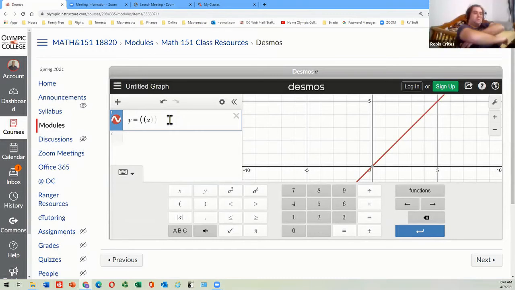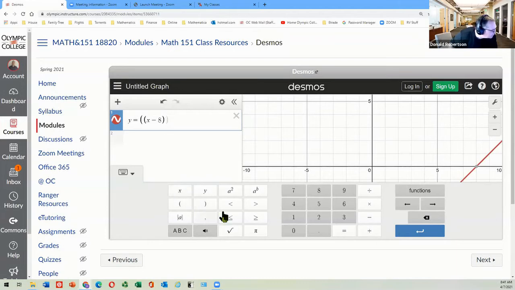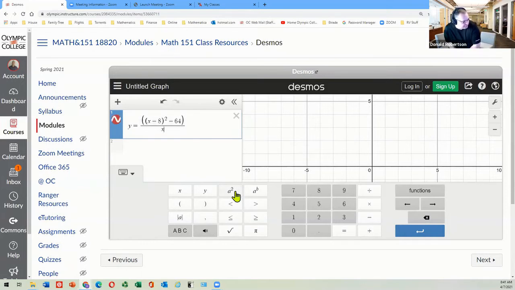So x take away 8 close brackets squared. That's basically h minus 8 squared, right? And then take away 64 and finish off the bracket divided by, just like you said, an x. Would you agree that that's equivalent to h minus 8 squared over h, right? It's the same thing.